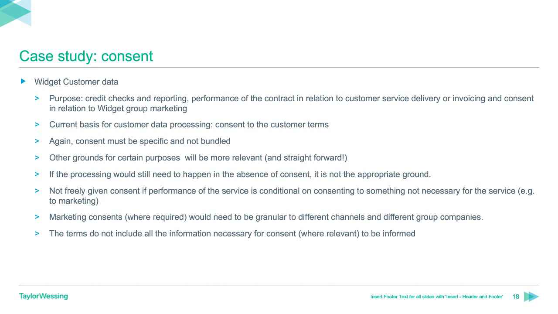So, in terms of revisiting consents from a commercial terms point of view, in addition to identifying all of those different purposes and documenting the lawful grounds relevant to each, there's also a need to take marketing consent out of customer terms and seek consent for marketing at the point they submit their details, and split those consents out into separate channels so that people are specifically opting in to different marketing, whether it's Widget's own marketing or marketing from other Widget group companies.